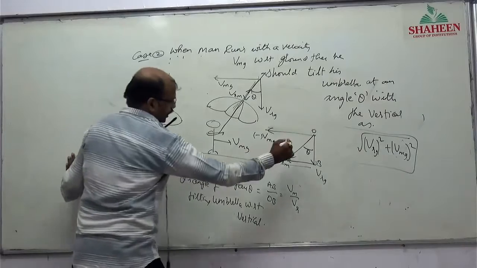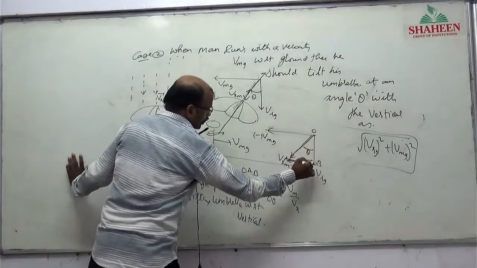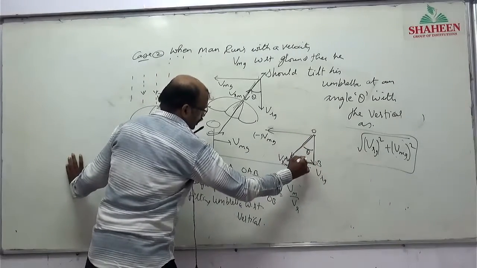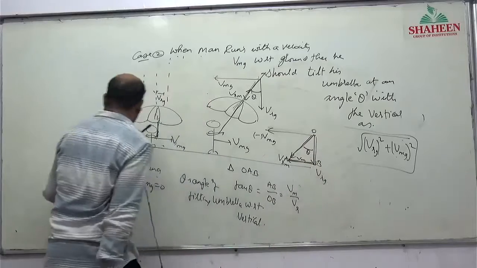AB is here in this right angle triangle. AB is this one, ma. This is AB. AB is Vm. OB is Vr. Okay?